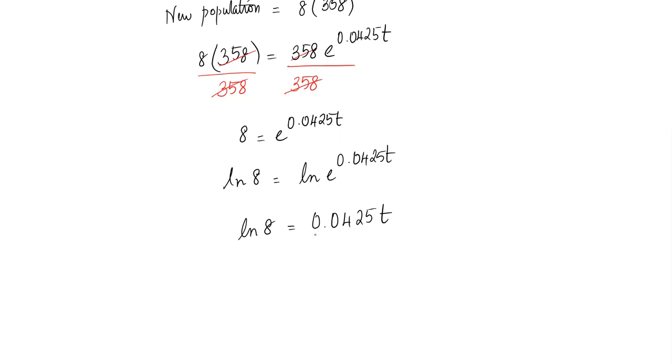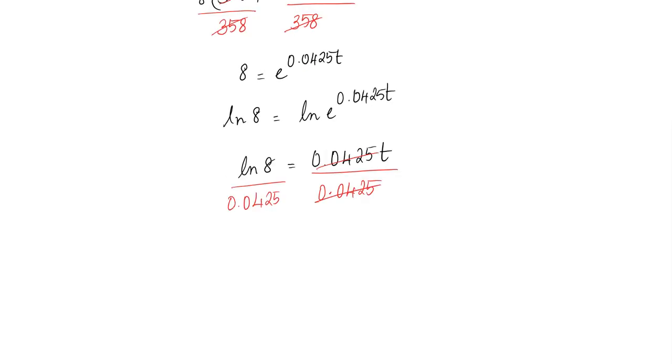And one last step to get t by itself. And that is approximately 49. I will let you complete the sentence for this, but I will just verbally mention this. After 49 minutes, the population of bacteria will have reached 8 times its initial value.